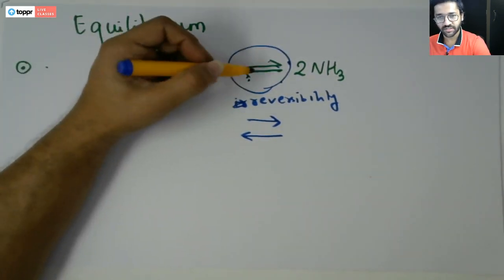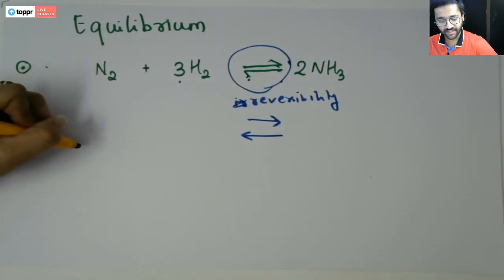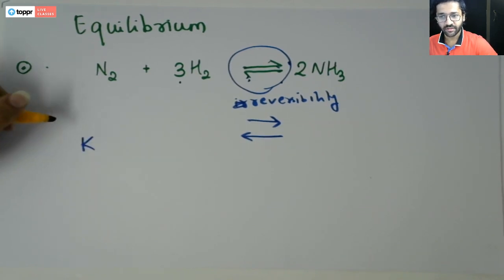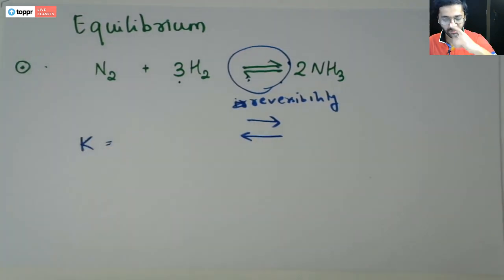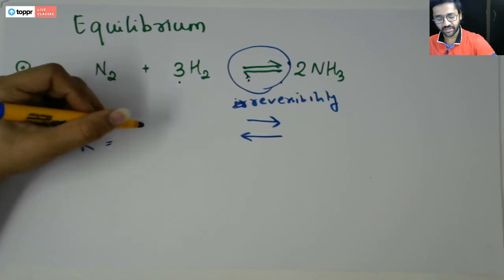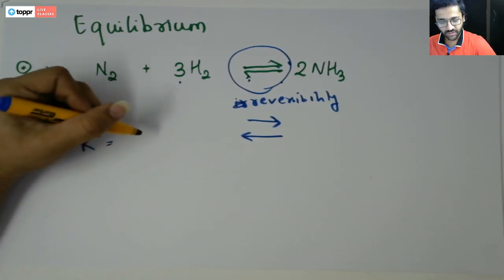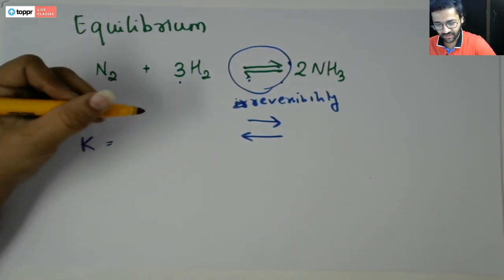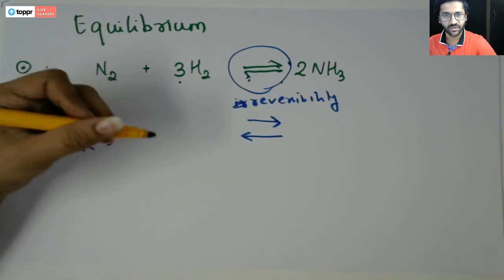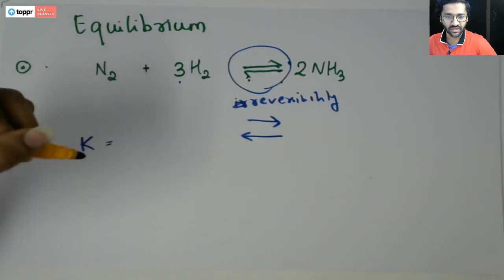when a reaction is in equilibrium, we define a K. Alright, this K will be equal to the concentration of the products to the power of the coefficients. Here I am talking about the Haber's process, so let me just check for the equation that we already have.